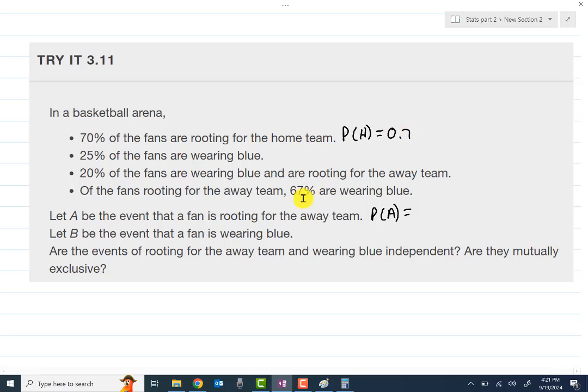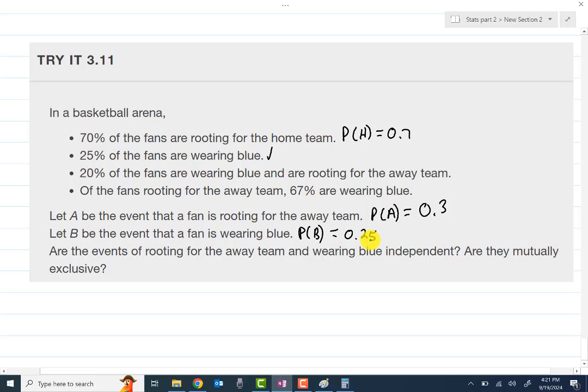That's probably not true, but they are going to assume that, so they're going to put 0.3 for the probability of rooting for an away team. Let B be the event a fan is wearing blue, and that tells us that. So the probability of B is given to be 25%, or I'd put 0.25 instead of 25%.